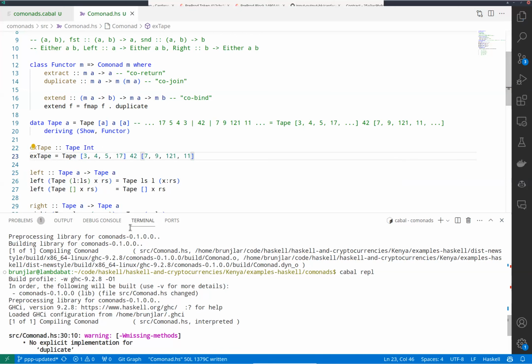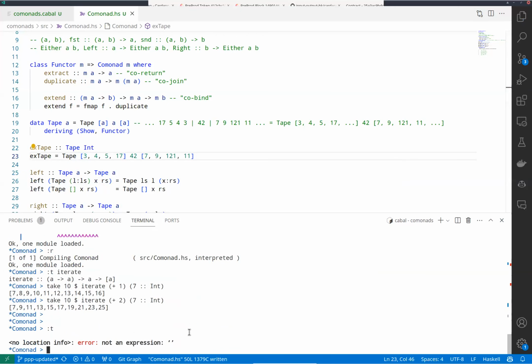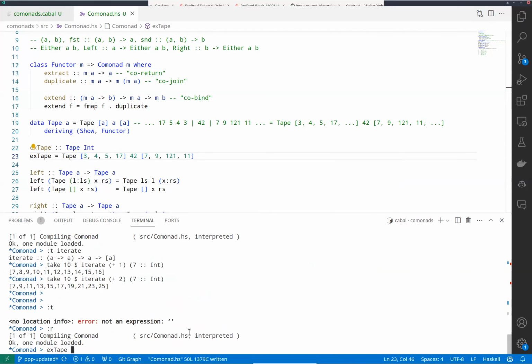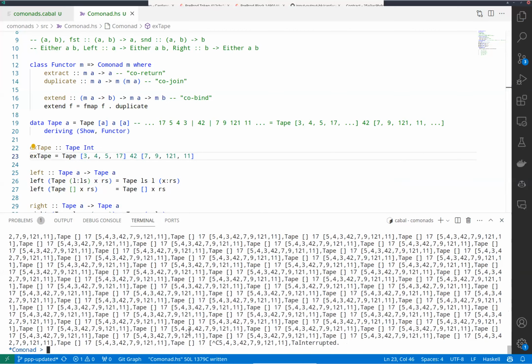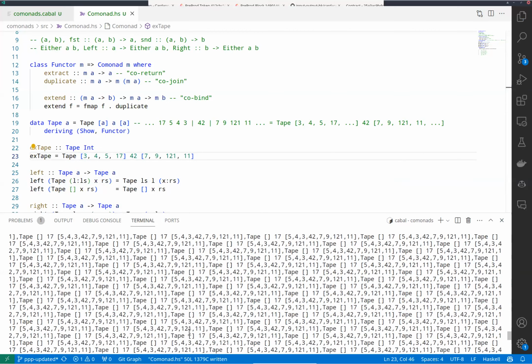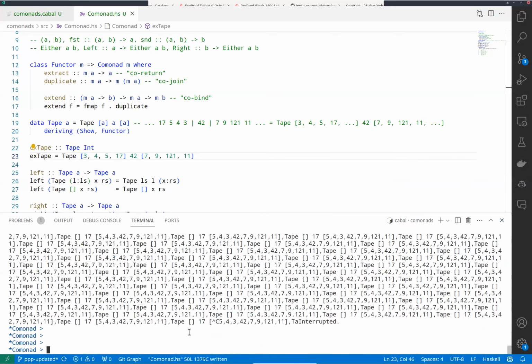Nice. So my example tape is this, and if I take duplicate example tape, then that's bad. Sorry, because it's an infinite thing, the iterate.